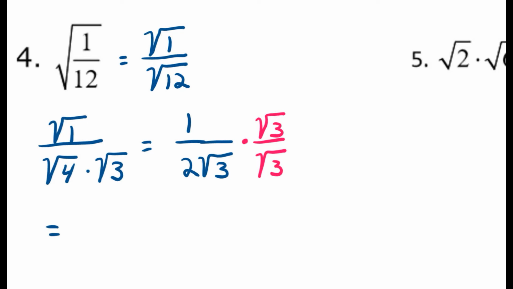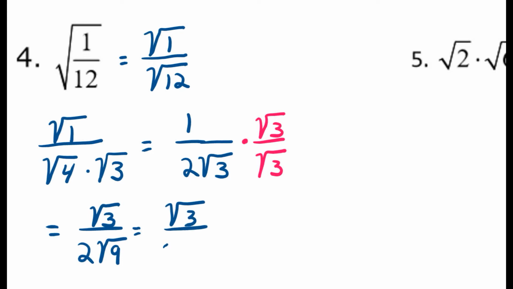So now I have the square root of 3 in the numerator, and in the denominator, I have 2 times the square root of 3 times the square root of 3, which is the square root of 9. So then what I can do now is go ahead and take out the perfect square.